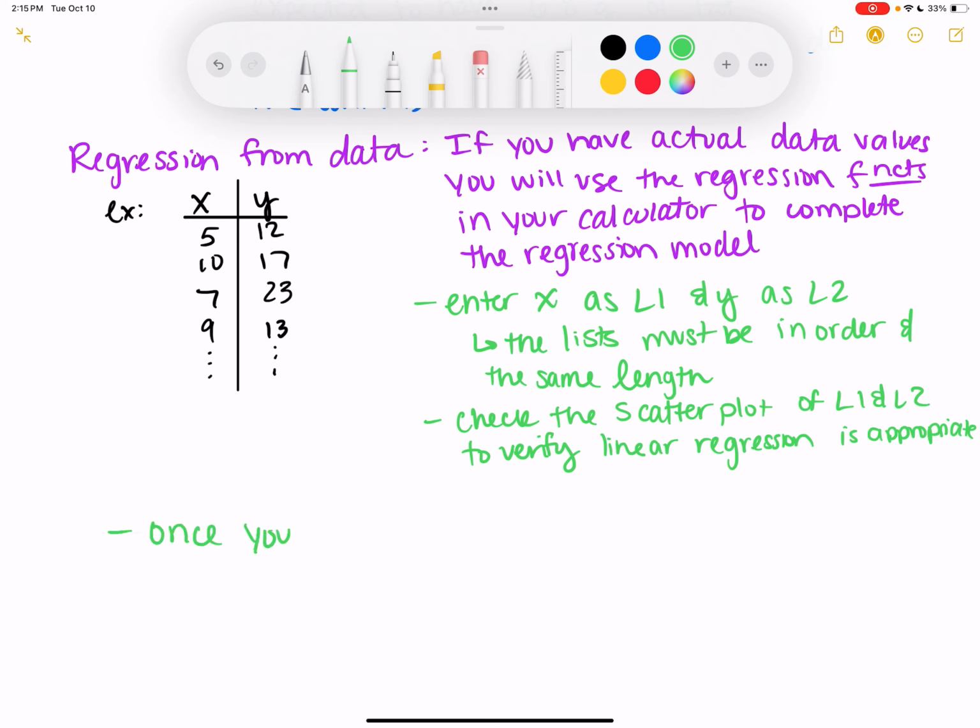Once your data is entered, select Stat, Calc, option 4, which is LinReg, and it will say ax plus b.